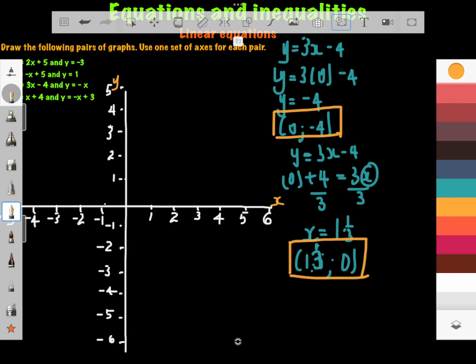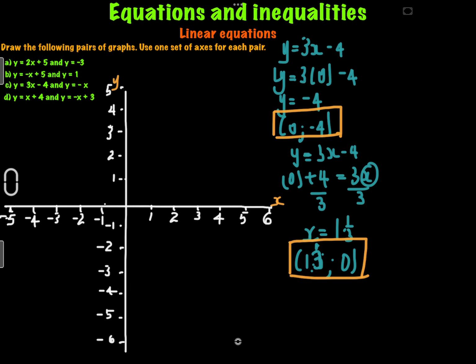Now on our graph, we need to look for those coordinates. So when x is equal to 0, y is equal to negative 4. That's the point there. Now when y is equal to 0, x is equal to 1.3.